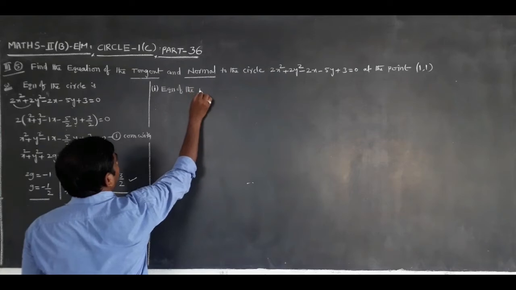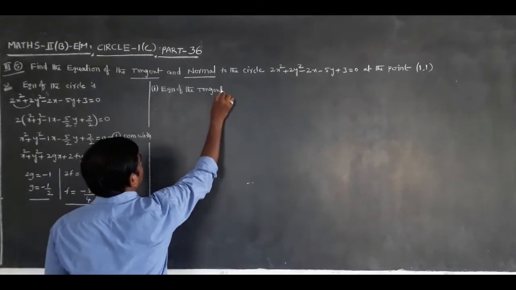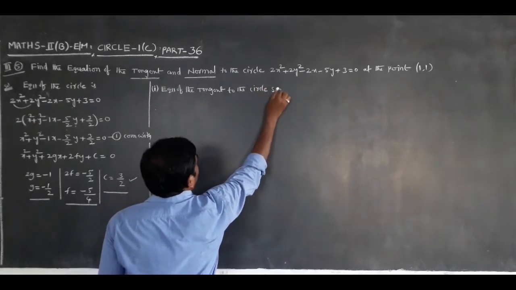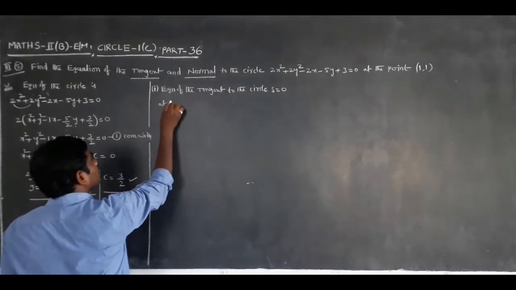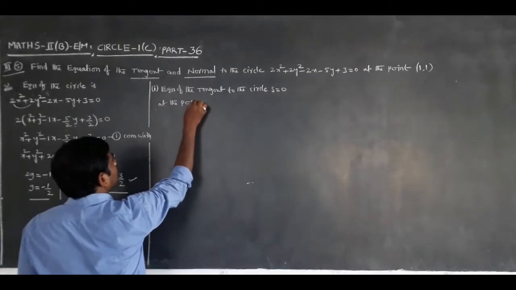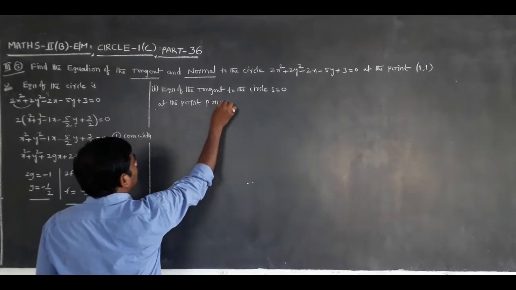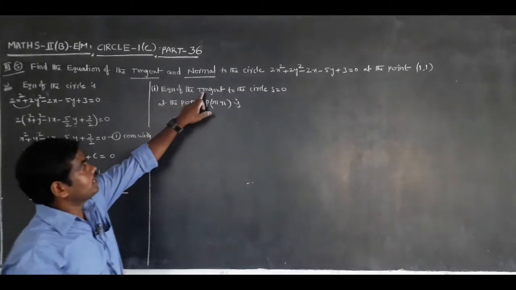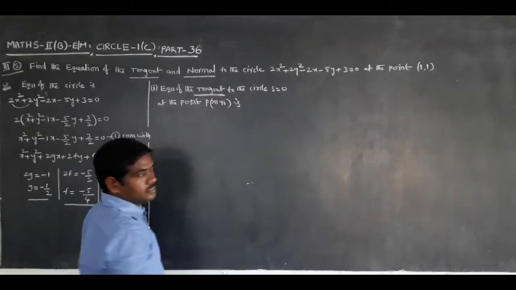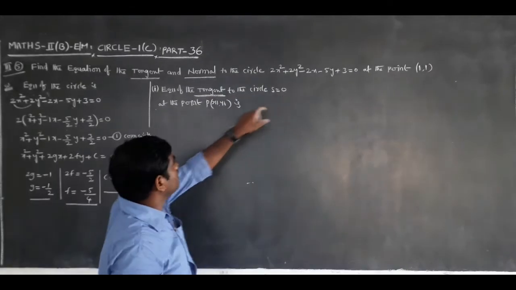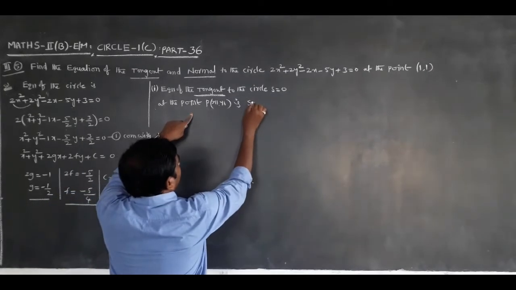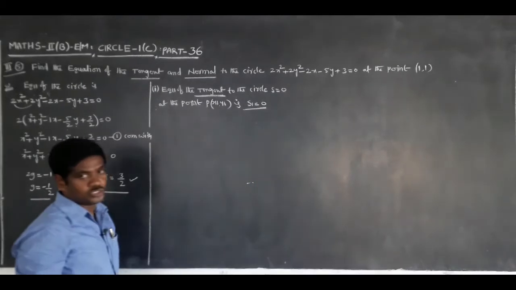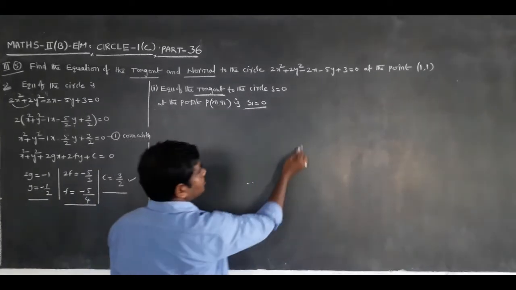The equation of the tangent to the circle S is equal to 0 at the point P of x1 comma y1 is S1 is equal to 0.